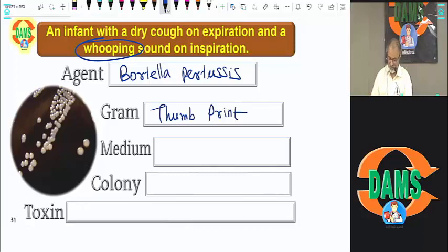Can you name the selective medium? For Bordetella pertussis there are two mediums available. What are the two mediums? No idea? Bordet Gengou medium and Regan Lowe medium.